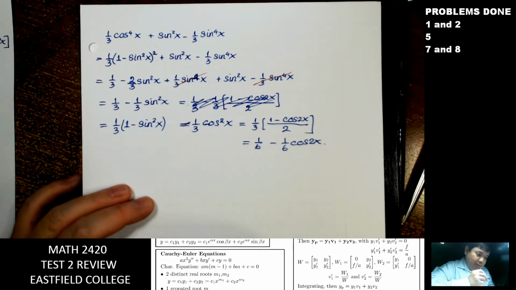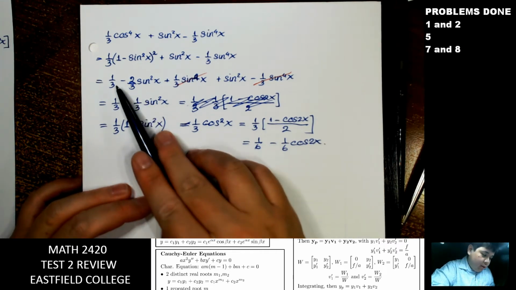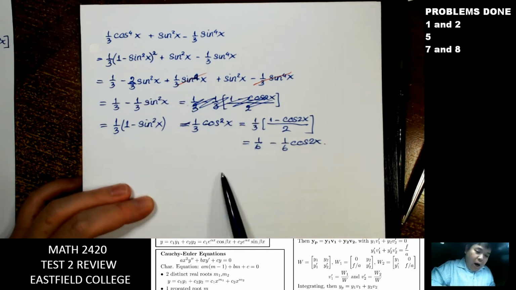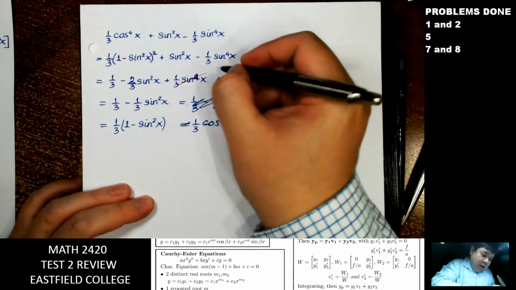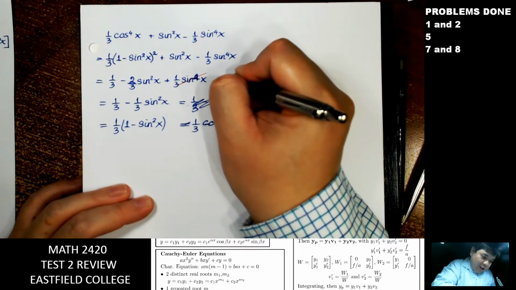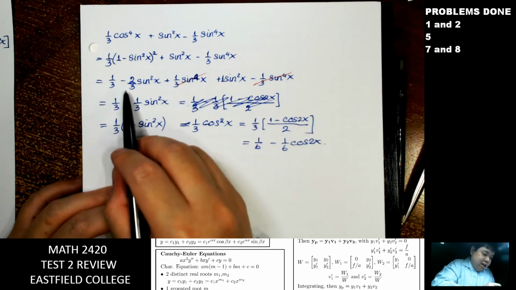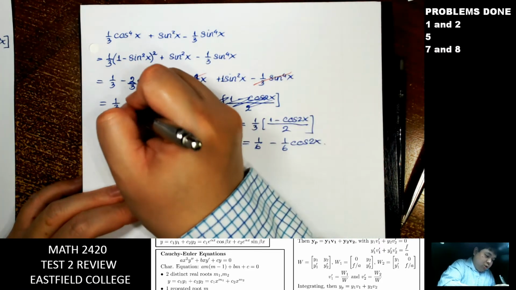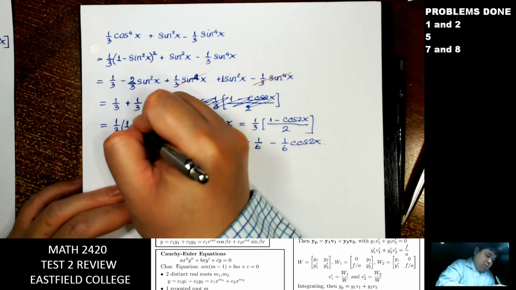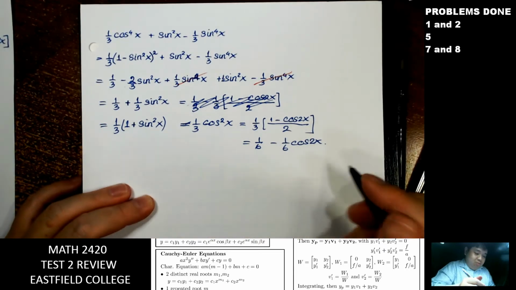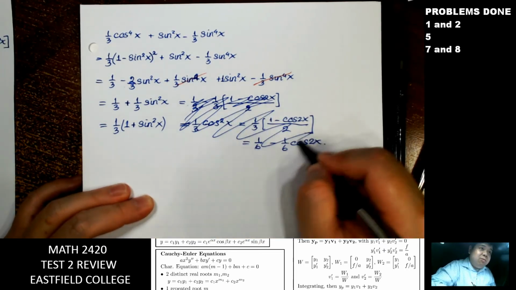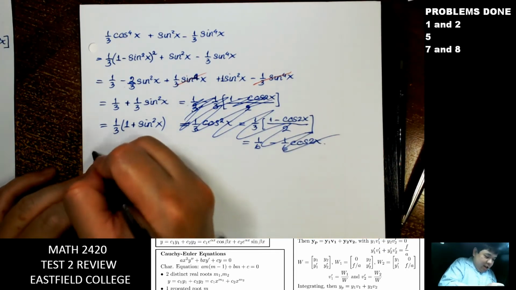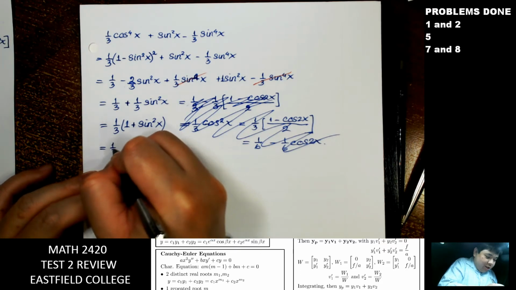Right. Sorry. Up to this step, this is the plus 1, and this is minus 2/3. So 1 minus 2/3, this is a plus, this is a plus, and because of that, that's wrong here. So it's 1/3.